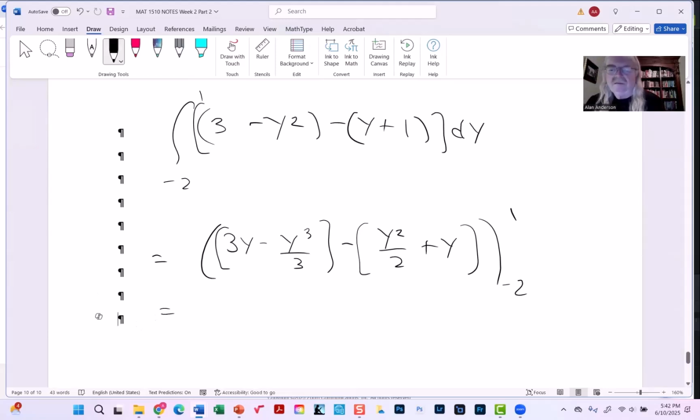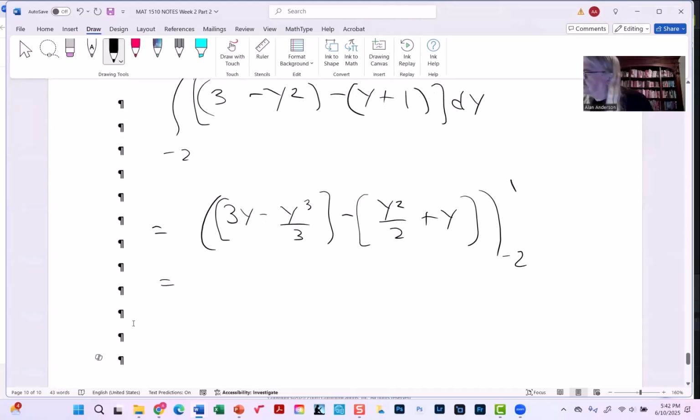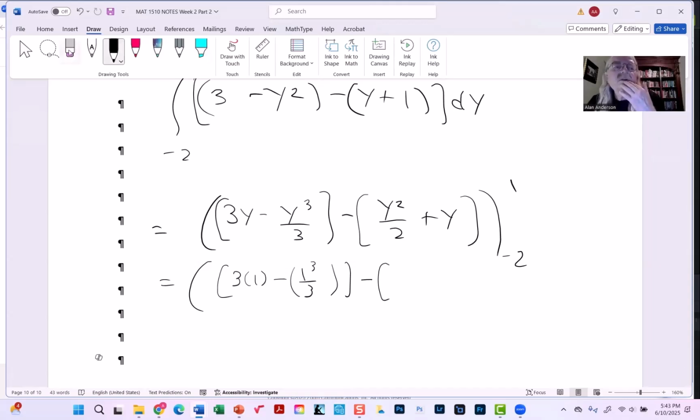And let's see what happens. Actually, just to make this a little bit simpler, I'm going to combine these terms first. That might make it a little bit quicker and easier.